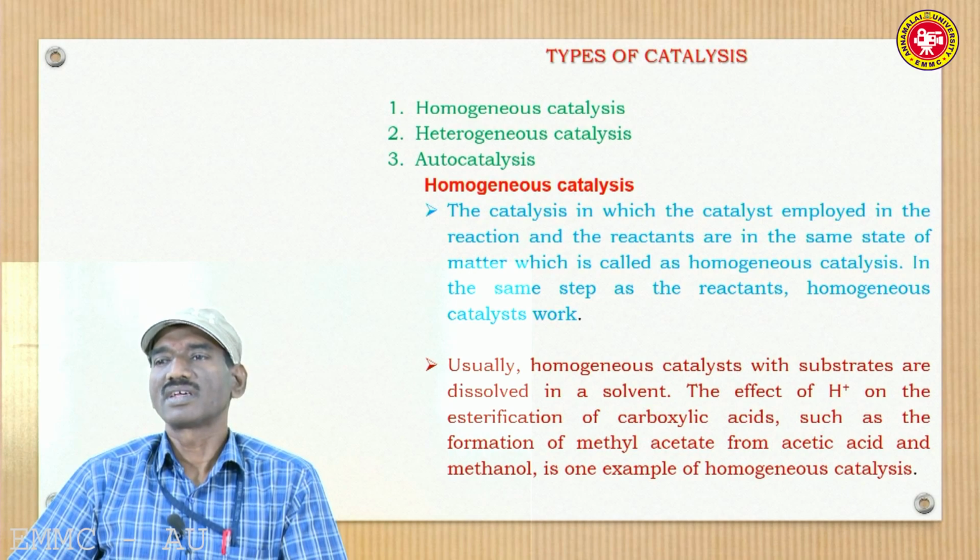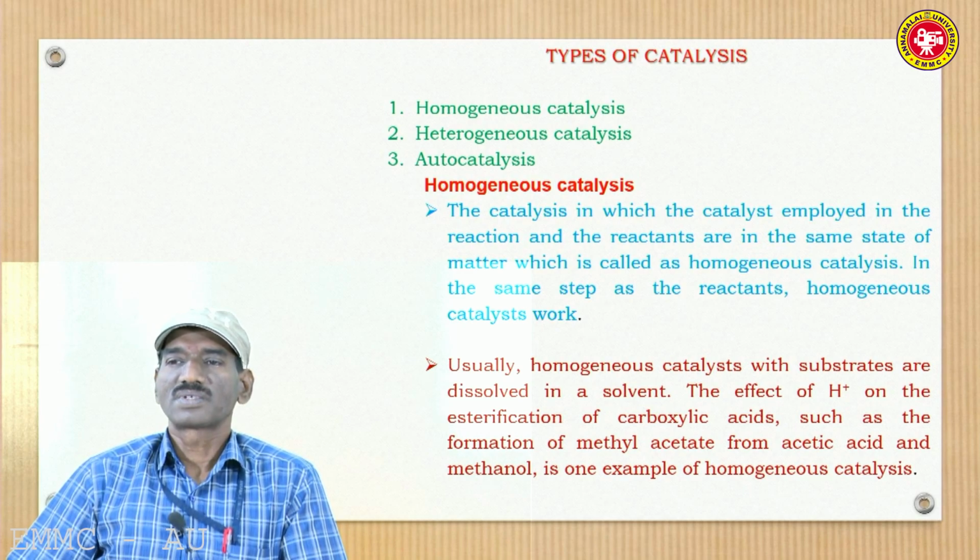Homogeneous catalysts work in the same phase as the reactants, usually mixed with the substrate or dissolved in solvent. The effect of H+ ion on the esterification of carboxylic acids, such as the formation of methyl acetate from acetic acid and methanol, is one example of homogeneous catalysis.